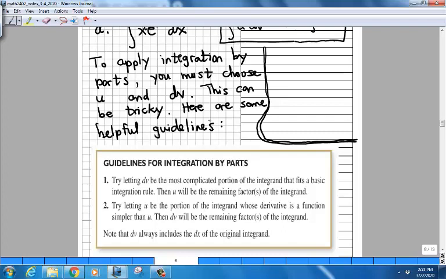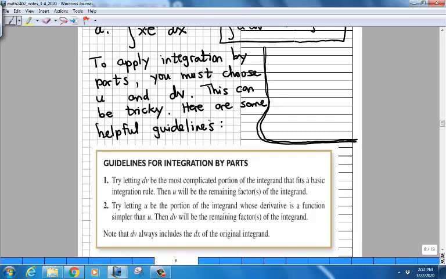So always pick dv to be the part of the integrand that's easy to integrate. It doesn't have to be the whole integrand. If you can pick out part of the integrand that's going to be easy to integrate, that's what you're going to call dv. If it's not easy to integrate, you're not going to want to call that dv. You'll see why in just a second. And finally, you also have to choose the u as well.